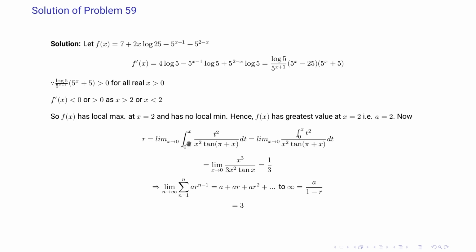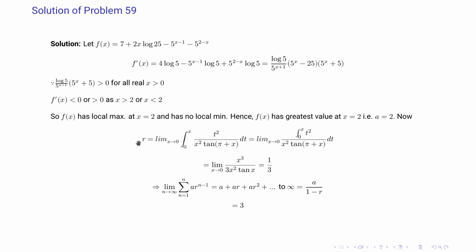Now we take the limit here, and since the denominator does not have a term involving t, the integration will only apply to the numerator, which gives x cube. Now once we have x cube here, and 1 by 3 will come because of that, we apply the limit. x square will get cancelled, x will be in the numerator, so 1 by 3, x by 3 tan x, which is equal to 1 by 3.